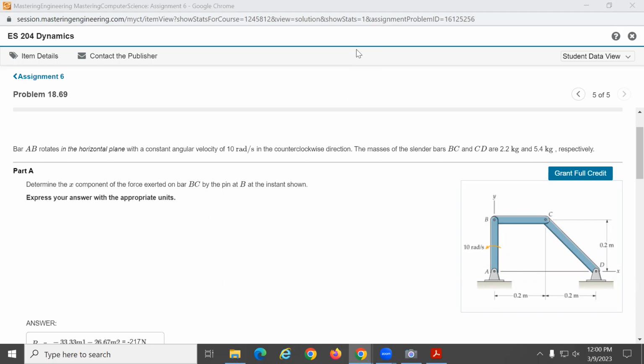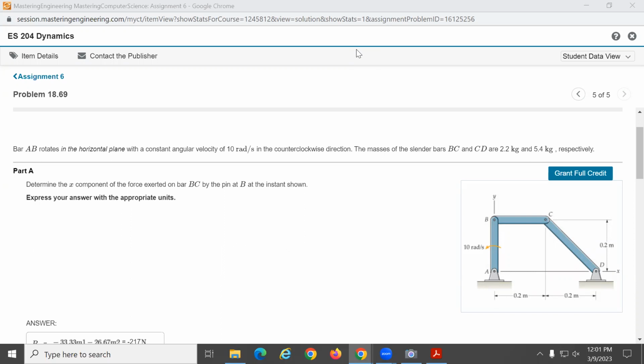The masses of slender bars BC and CD, so let's say M BC equals 2.2 kilograms and M CD equals 5.4 kilograms, respectively.